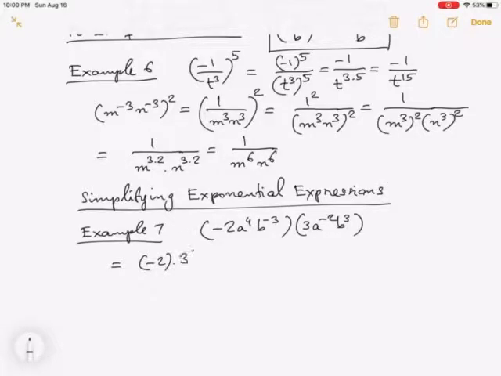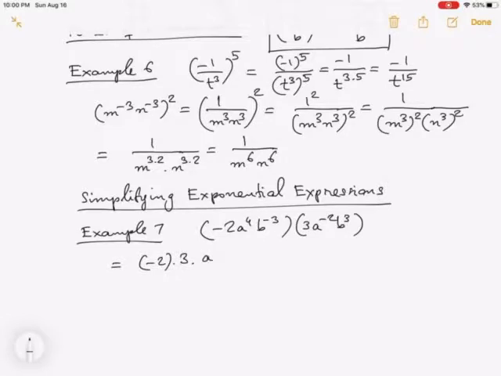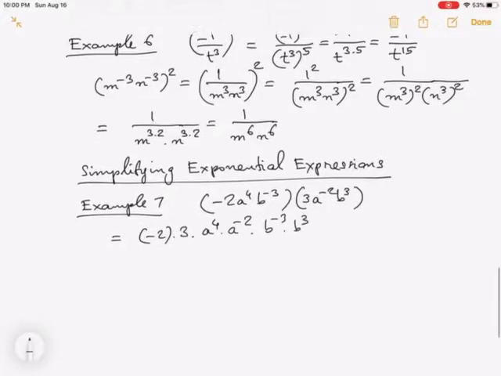We could write this as minus 2 times 3, times a to the power 4 times a to the power minus 2, times b to the power minus 3 times b to the power 3.